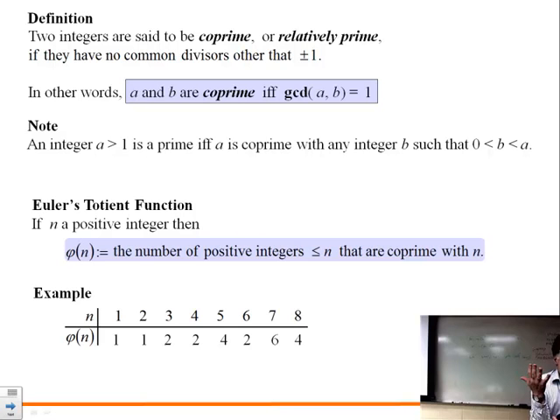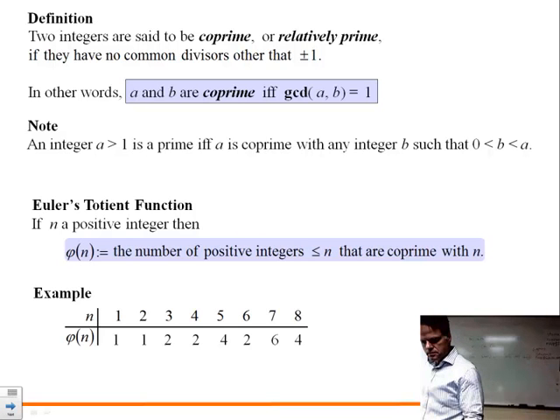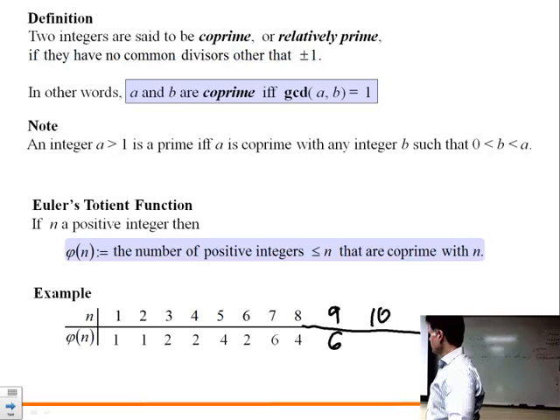So I count 6. So phi of 9 is 6. How about 10? Yeah, 1, 3, 7, and 9. Okay, so that's 4, and so on.